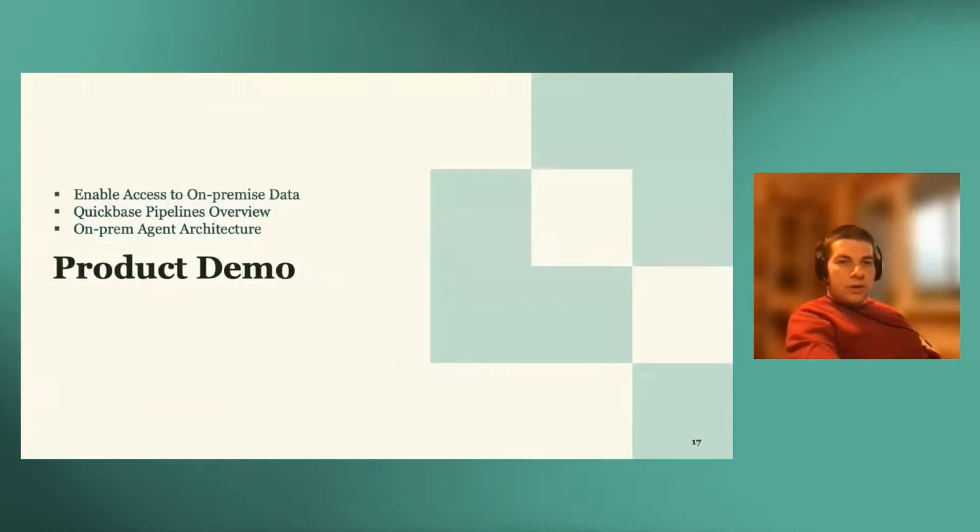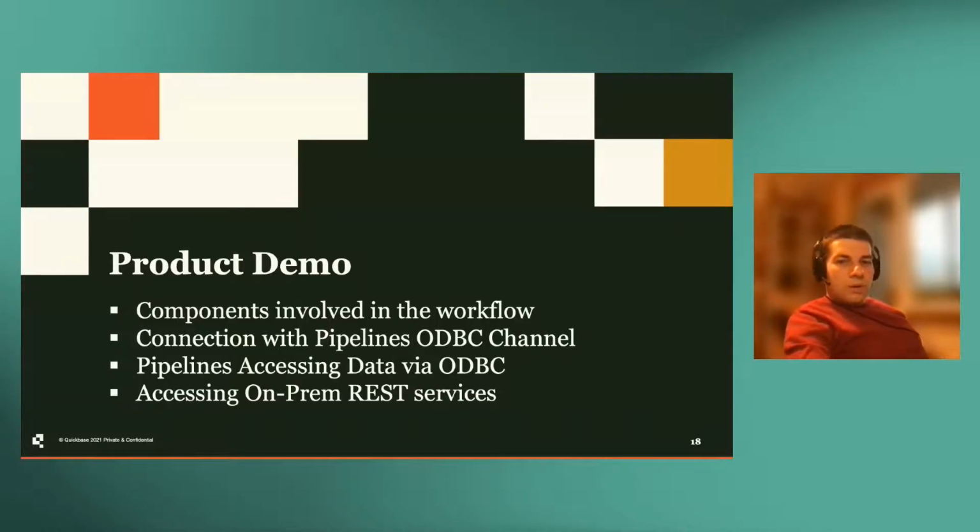So having said that, we can move on to see how this actually works. Our product demo has the following steps. First, I will show you the components involved in this workflow, which we briefly mentioned in the previous architecture diagram. Then we'll see how the ODBC channel can be connected to a database in pipelines.